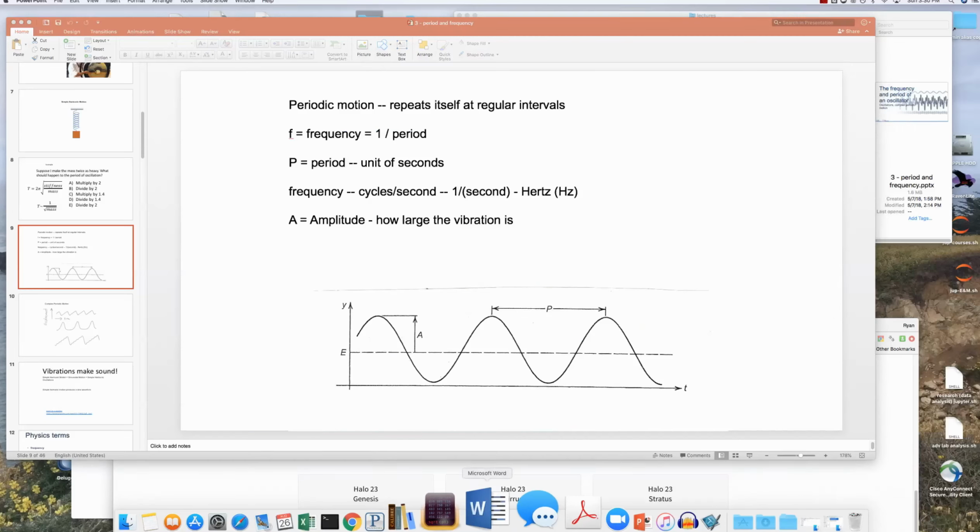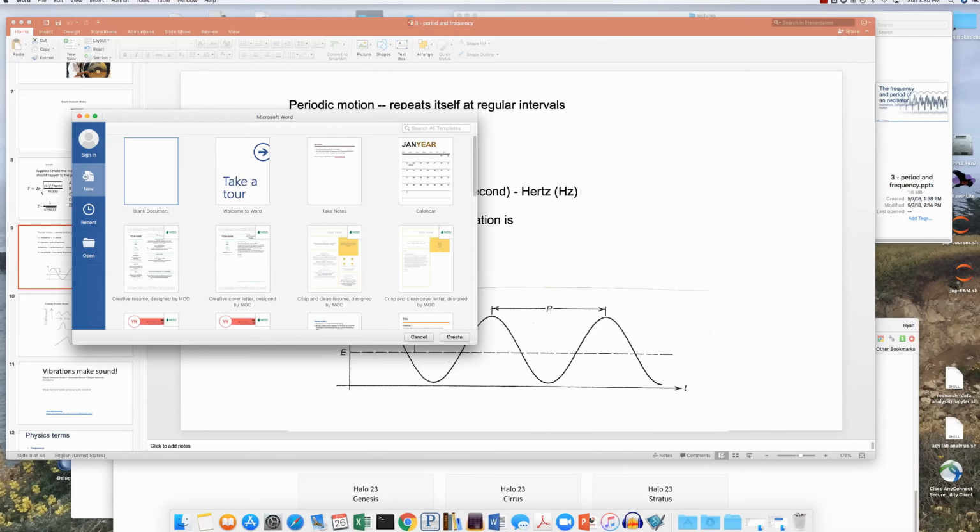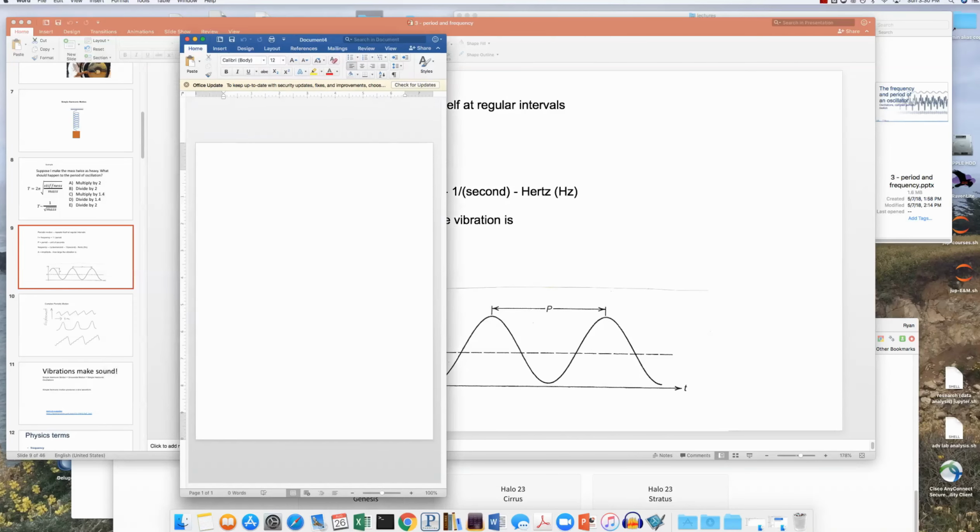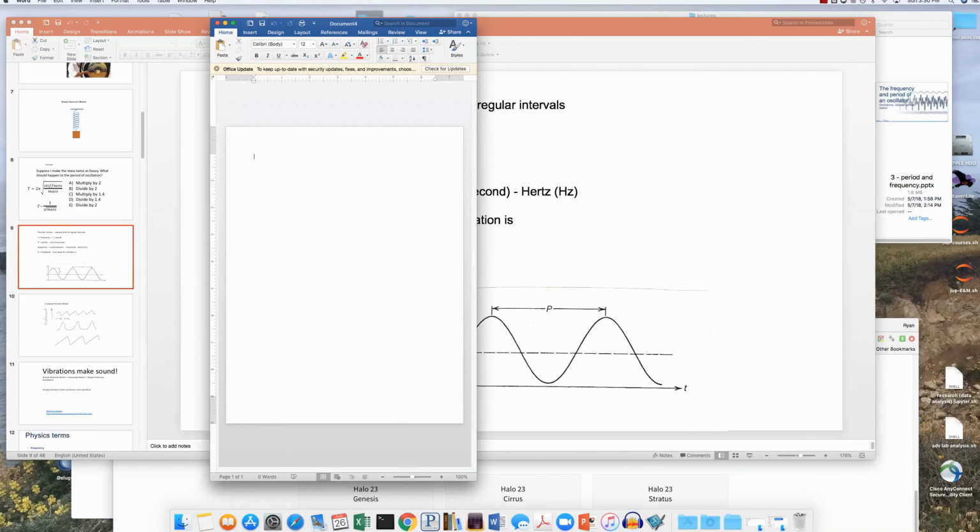In fact, let me just try something here. We'll do a couple of little calculations together. So I'm still recording, and I'm going to make my font big. For example, if I had a period equal to 0.5 seconds, my frequency would be equal to 1 over the period.